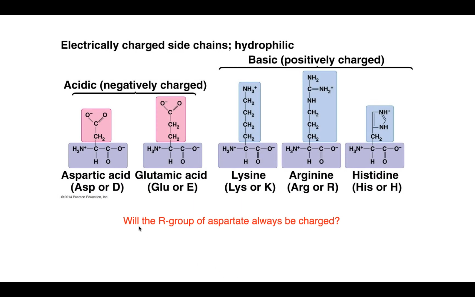But what that means is the answer to this question, will the R group of aspartate always be charged? The answer is no. Sometimes, if the proton concentration in solution is high enough, sometimes those protons will bind to this, and you'll be in that non-ionic state of a carboxyl group.